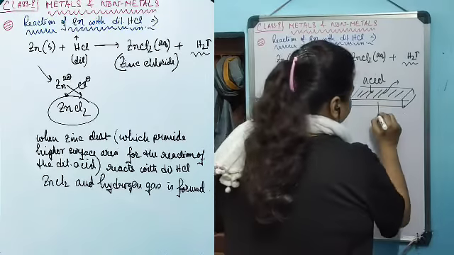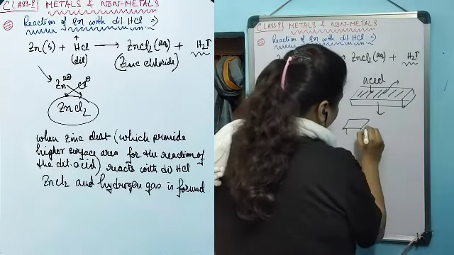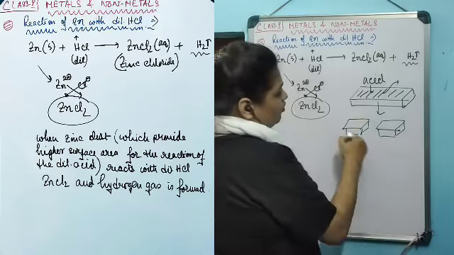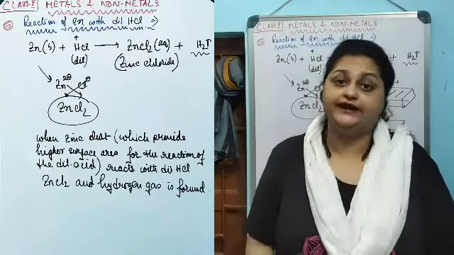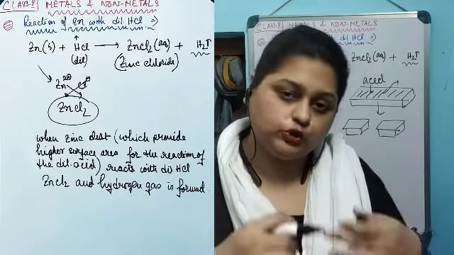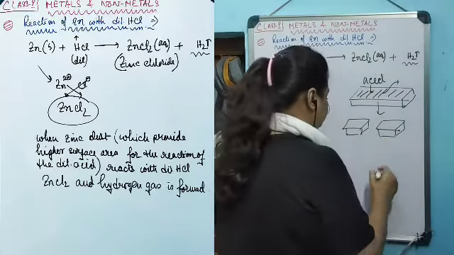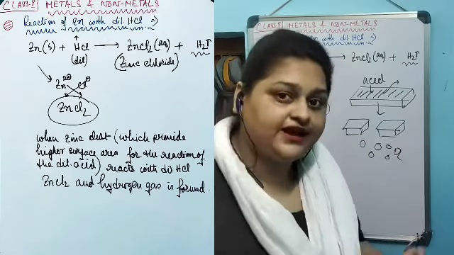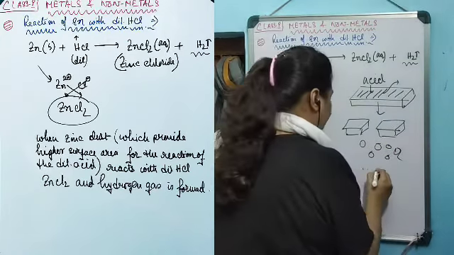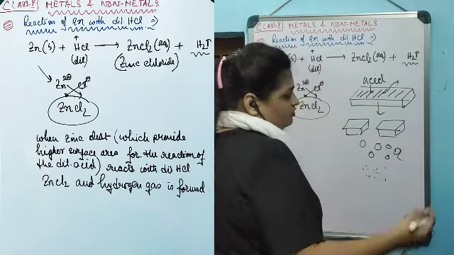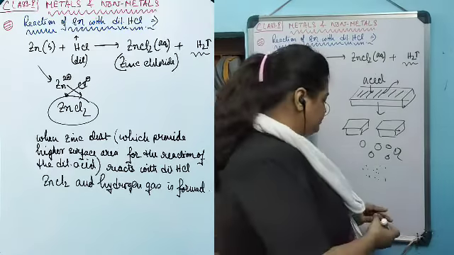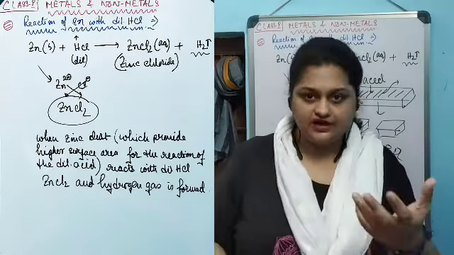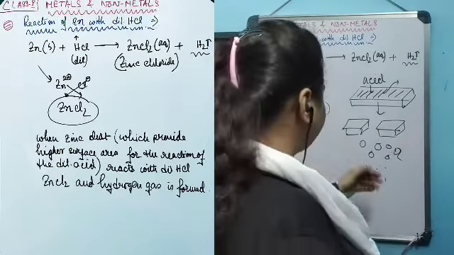Now, instead of a chunk of metal, if you take a smaller size of metal, more surface area is provided for the acid to react with the metal. Instead of a chunk, if you take granules, then more surface area is provided. Instead of granules, if you take fine powder of zinc, the zinc dust, then even more surface area is available for the acid to react with zinc.